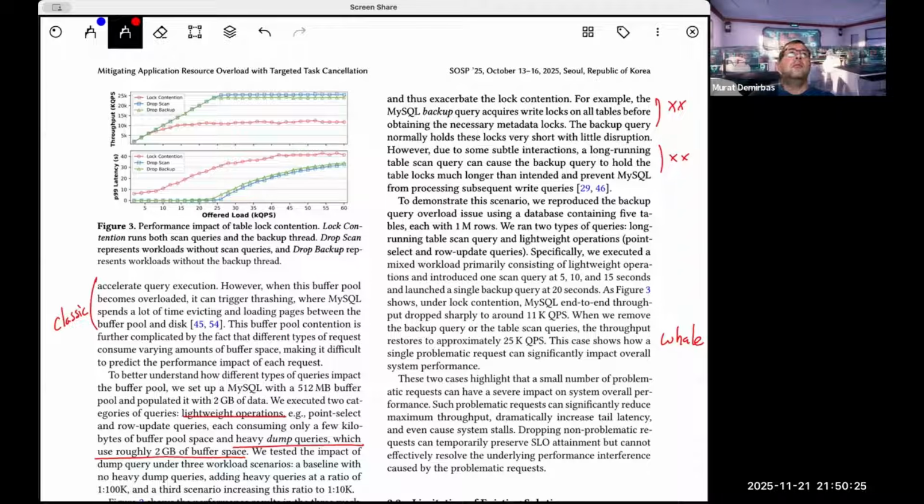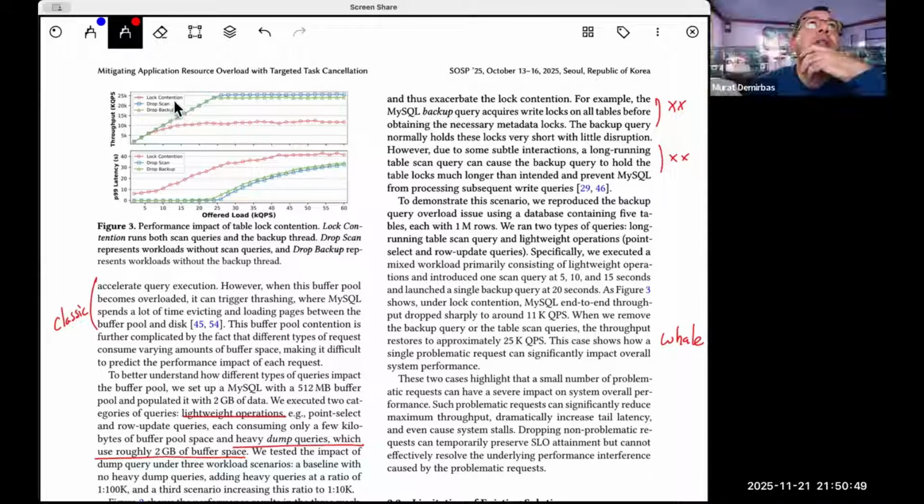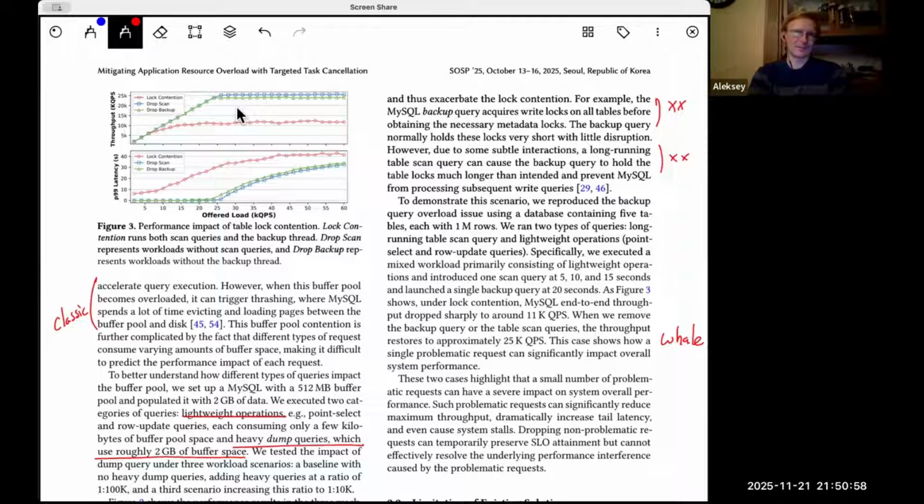What is going on in Figure 3? Performance impact of table lock contention. Lock contention runs both scan queries and the backup thread. Drop scan represents workloads without scan queries. Drop backup represents workloads with the scan queries but without the backup thread. So the red line shows scan and backup, which is the lock contention. When you delete either one, the throughput recovers.